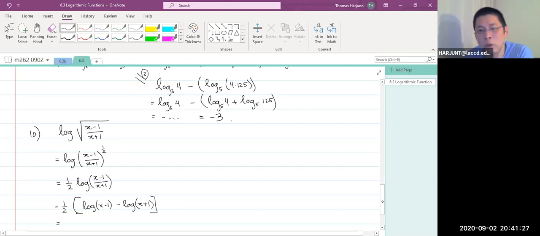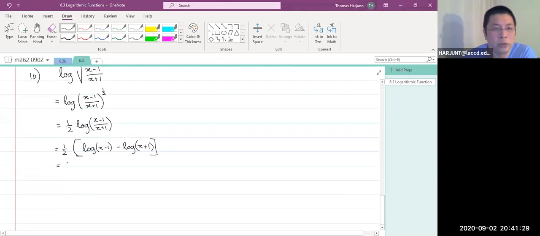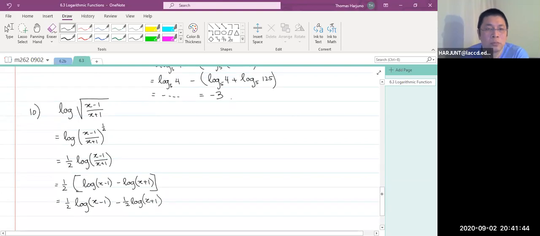This is not the only way to do that though. This is one way. Okay, another way to do this, if I call that the first method, the second method, you distribute the square root first.